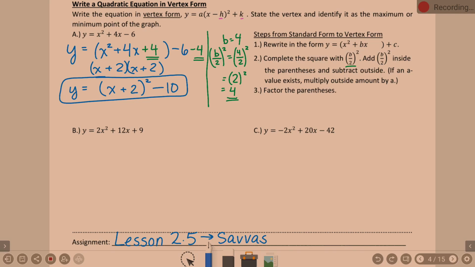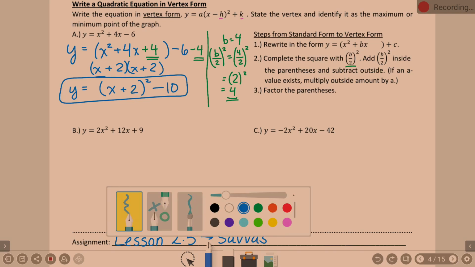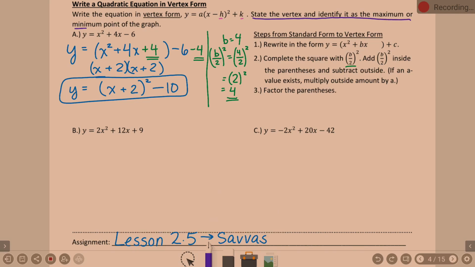I don't think I ever even read the directions to you, but did you catch the other part of the directions? State the vertex and identify it as a max or a min. What's my vertex? Negative 2, negative 10. Remember h, k?